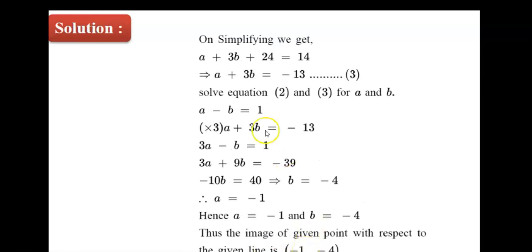When you simplify, you will get the third equation, and solving equations 2 and 3, you get the values of a and b. a is minus 1 and b is minus 4, and this is the image of the given point. And this is the second method to find out the image without using the formula which I have given already.